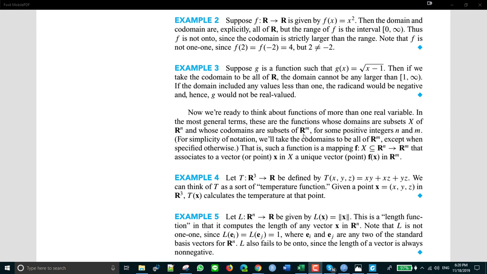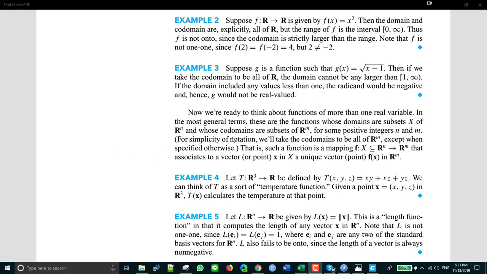So also not just R. So here we just have a function from R to R, but in general we're going to be talking about functions from Rn, instead of R, to Rm, for some positive integers n and m.